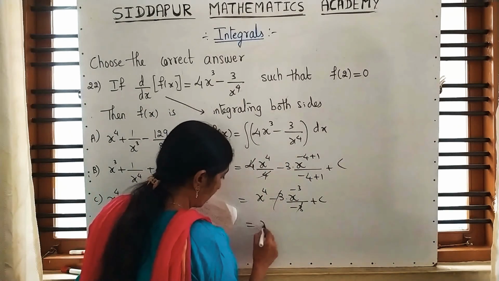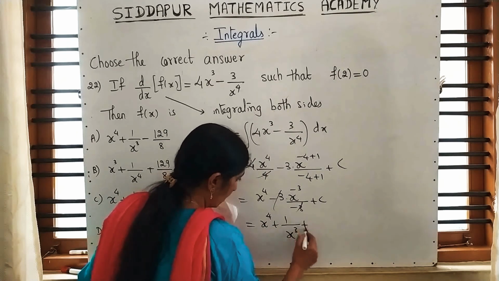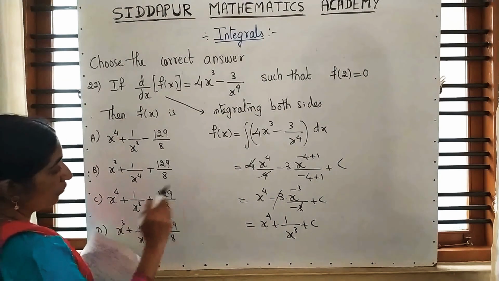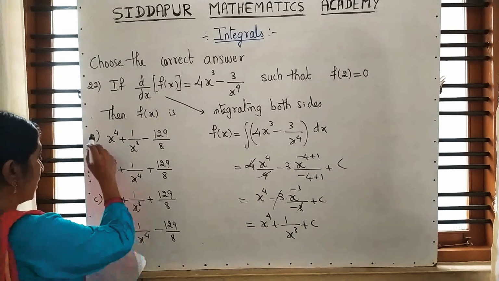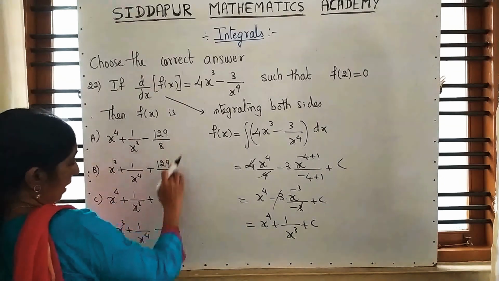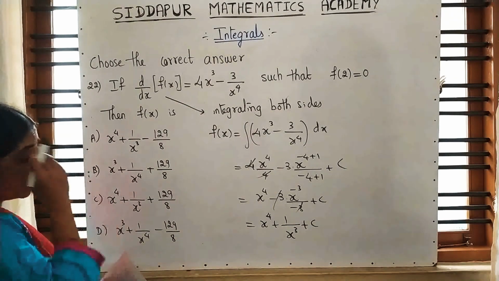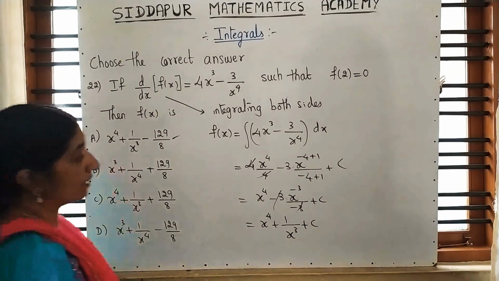Minus into minus becomes plus, and because of negative it comes in the denominator. Now it gives you half into x raised to 4 plus 1 upon x cube, which must be there in the answer. That is present in either A or C. So the answer is either A or C. And if you are thorough in the calculations, without calculating you can say that the answer is A. Why? I will explain that.